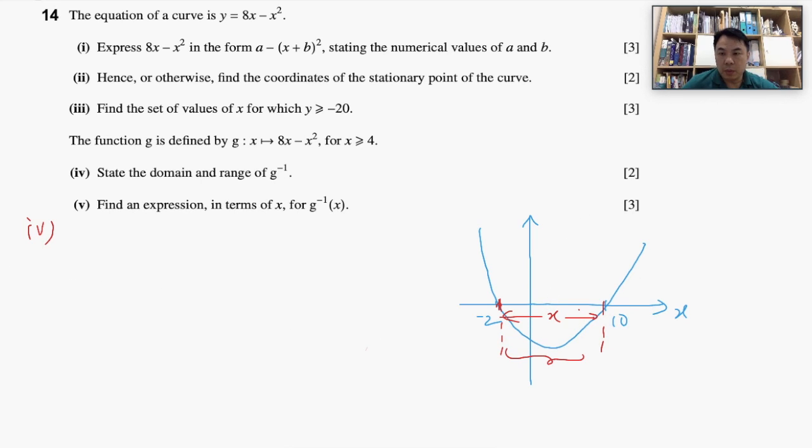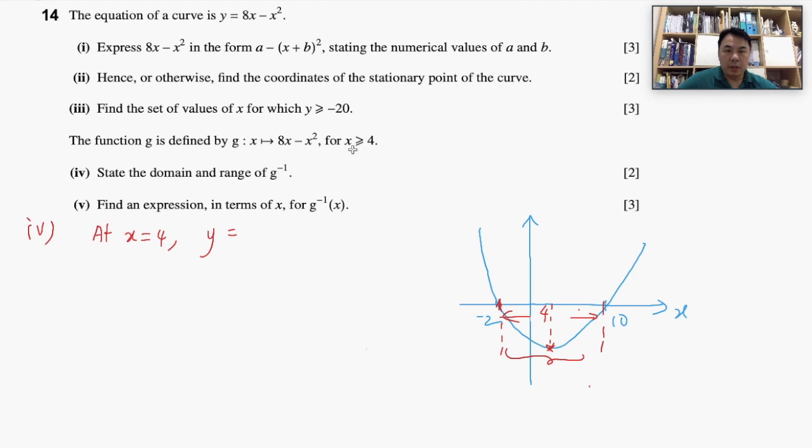Now before that, let me clean up some of the unwanted. Now we know that the vertex is located somewhere at 4 here. So at x equal to 4, the y is equal to... how do I know that the vertex is at 4?